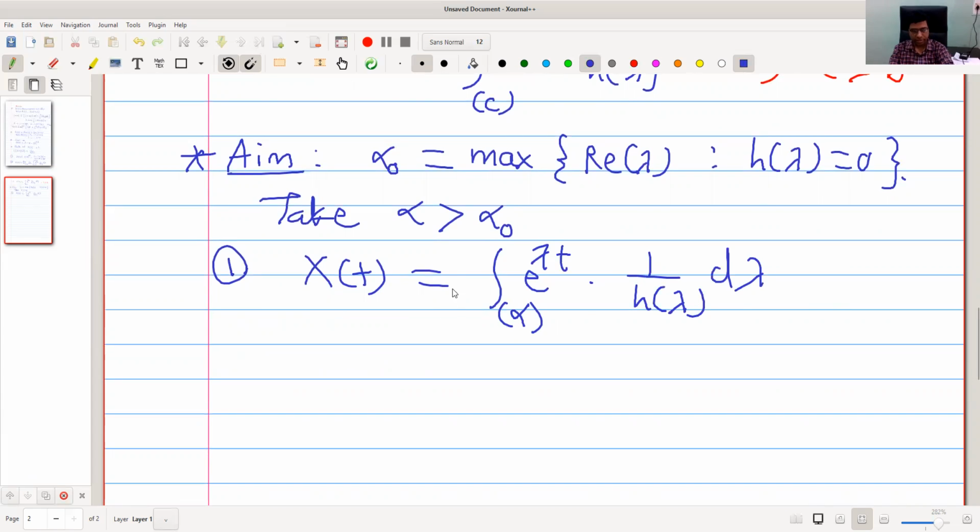So this is the change. Second thing, we provide this in terms of the maximum of real parts of roots of h of lambda.